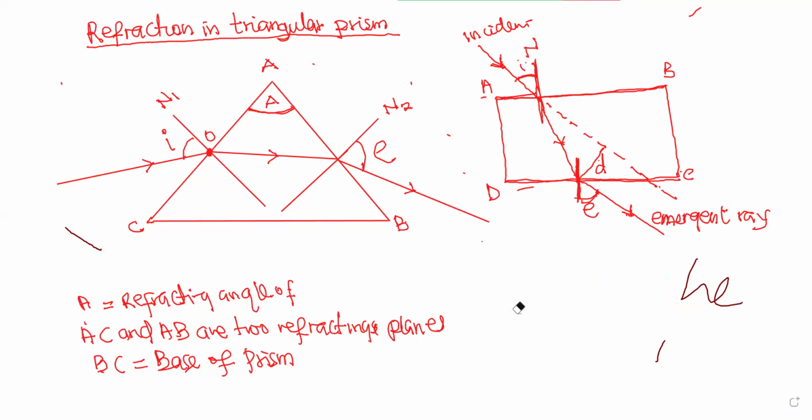Okay, so it's able to combine deviations at its planes AB and AC to form a larger deviation. For a rectangular prism, the deviation at AB seems to be cancelled by the deviation at DC, all the same.